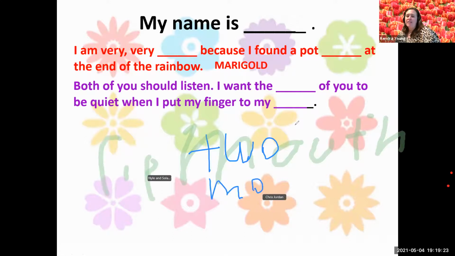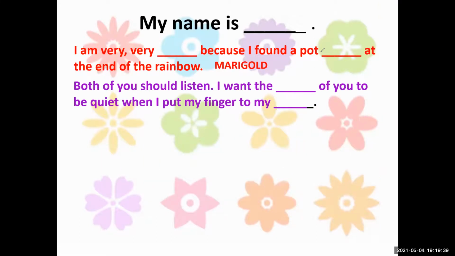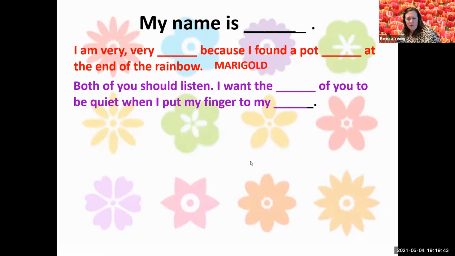Another word for mouth, I see mouth. Lips. Okay, so when you get it together, what do you get? Oh, it won't let me do that. Tulip. That's right. Tulips.